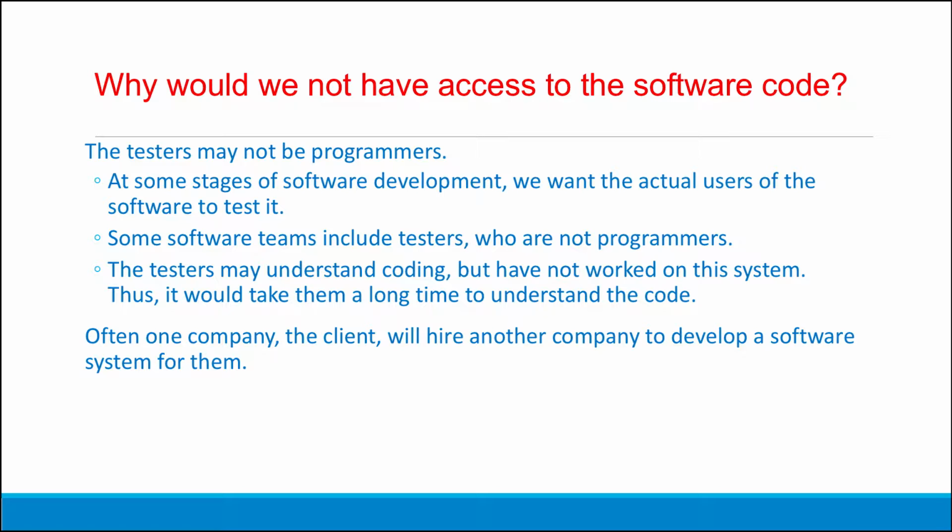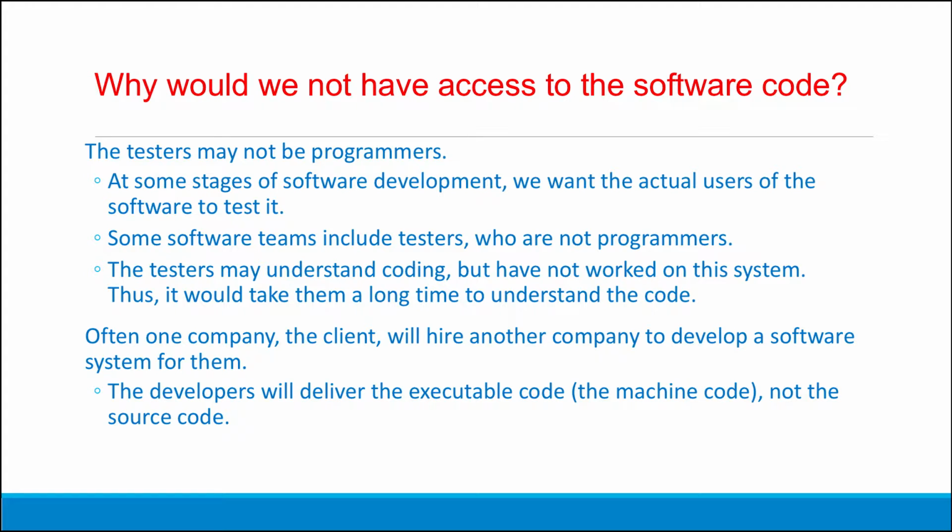Another case to consider is when one company, the client, hires another company, a contractor, to develop the software system for them. The developers will deliver the executable code, that is the machine code, so that the clients can use the software, but they won't give them the source code itself.